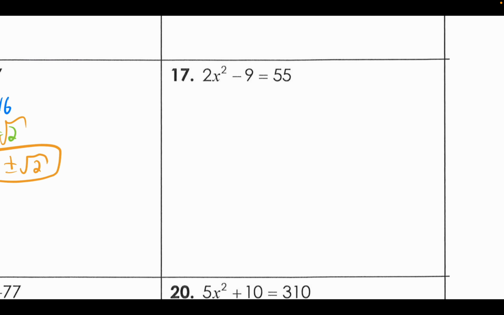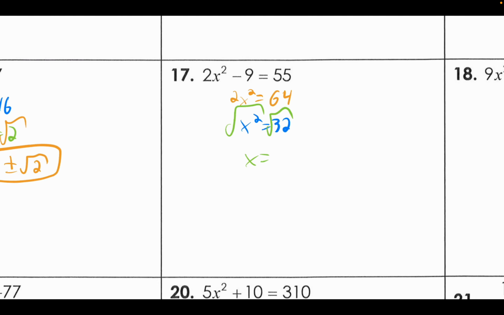17, we get the squared term by itself, which is x squared, by adding 9 and then dividing by 2. So we have 2x squared equals 64. Divide by 2 and x squared equals 32. Square root both sides, undo the square, and we get x equals positive and negative square root 32. We now need to simplify the square root of 32 though, because we can simplify it.